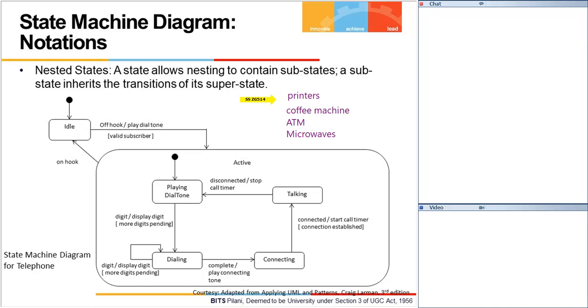From the connecting state, there might be a transition to the playing dial tone state where the event is not connected, right? So you are not able to connect to the particular caller. Either the particular caller is busy or the connection is not established, right? So there could be a transition from connecting back to the playing dial tone state.